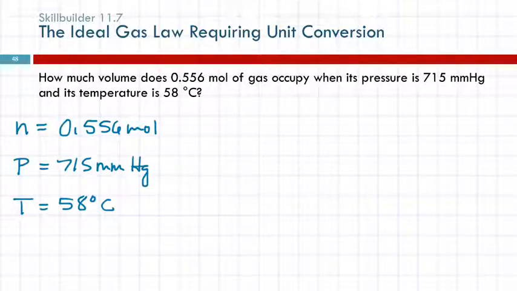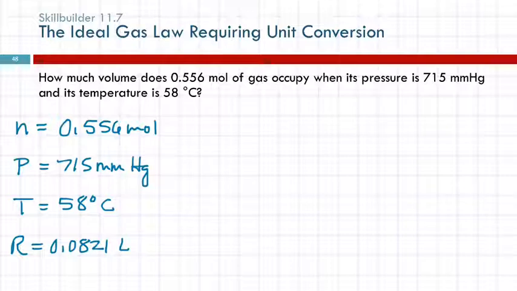This will still work if you do it in the table. I just have limited space on the slide. Do you have to convert that to liters? We have to convert millimeters of mercury to atmospheres, and we have to convert degrees Celsius to kelvins. So this is an ideal gas problem, and it's going to use the ideal gas constant, 0.0821 liters times atmospheres divided by moles times Kelvin.